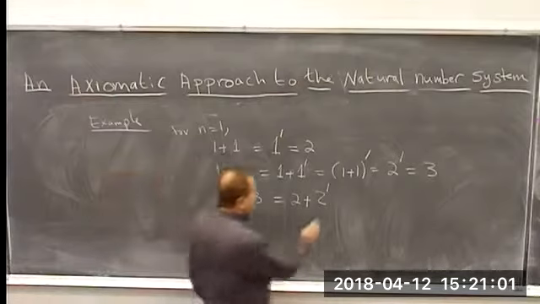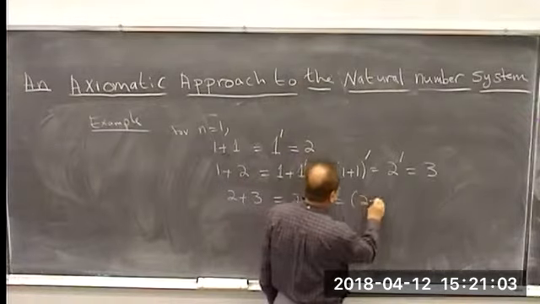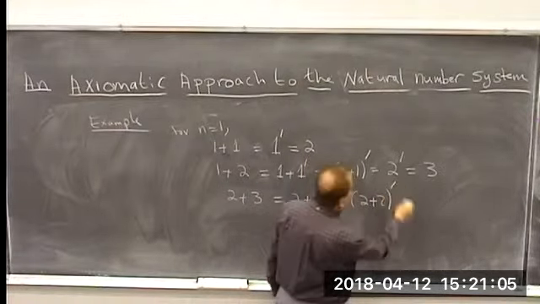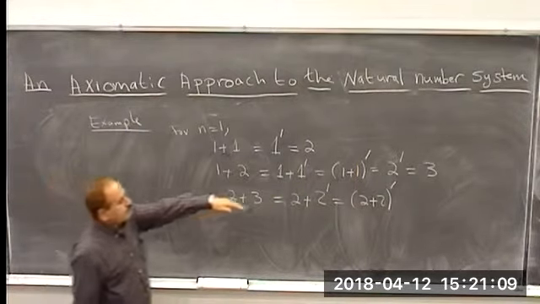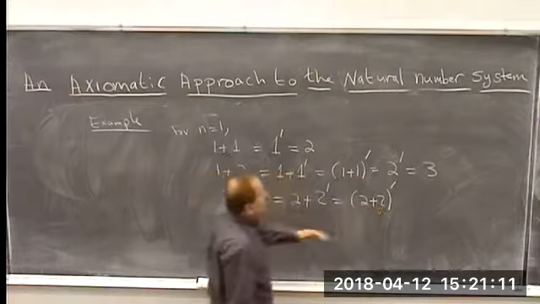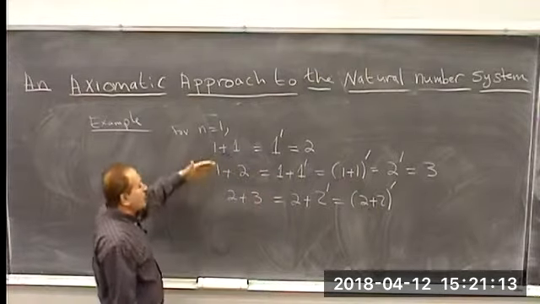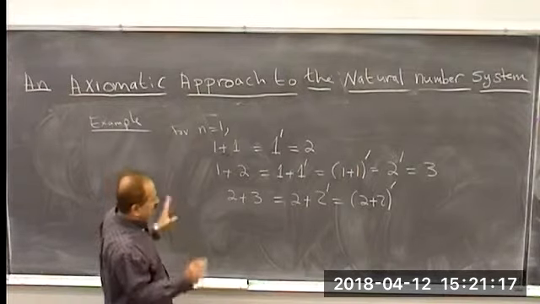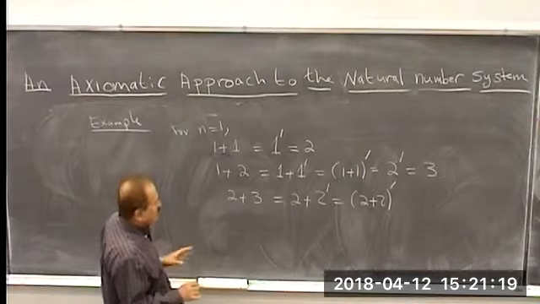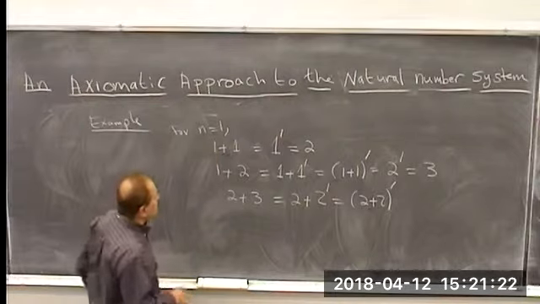Then we have 2 plus 2, successor of that. So in order to say what this is equal to, probably we need something before that. In other words, if I assume I don't have anything and no clue how to add, I just do this recursively.